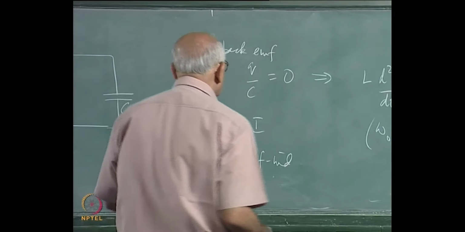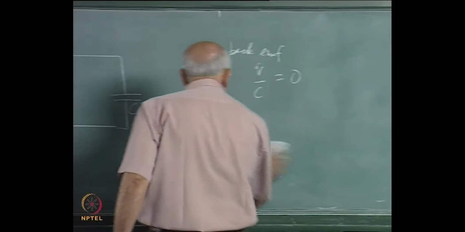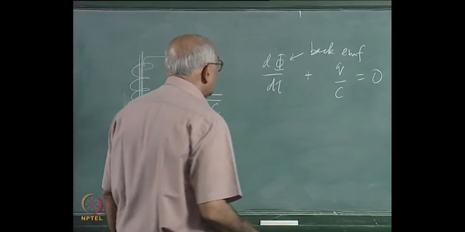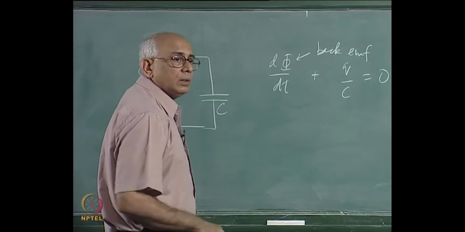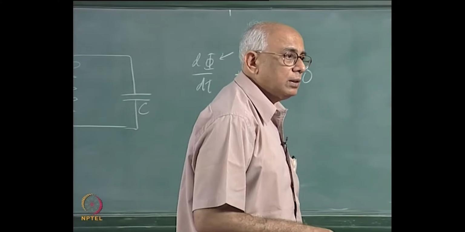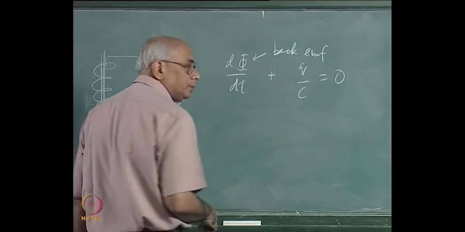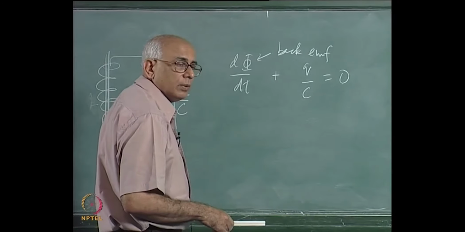Now what happens in this case when you do not have a linear phi, but you are told that phi is some nonlinear function of the current and is an odd function in general. So how would I integrate this equation? I would like to integrate this equation.